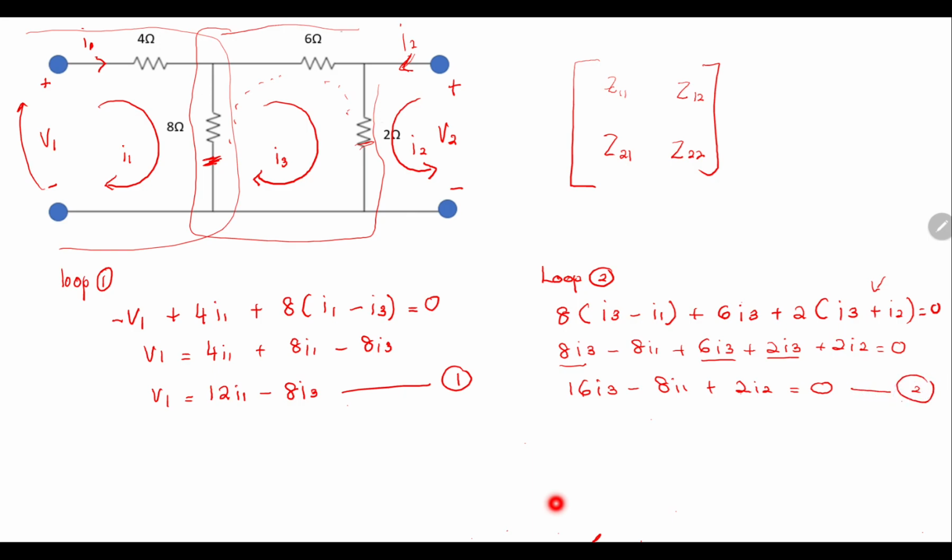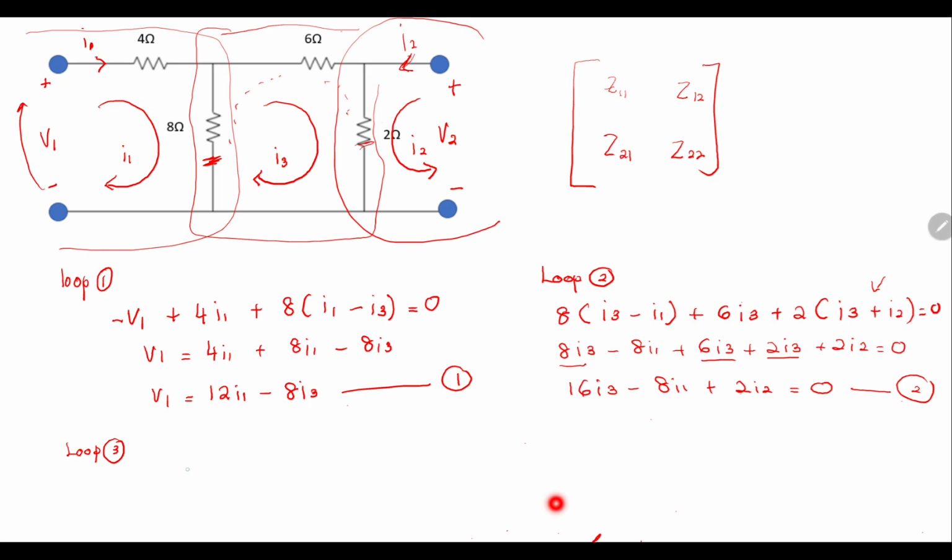Alright, now we go for loop 3. Loop 3 is over here. The current I2 flows through the 2 ohm resistance and is shared with I3.